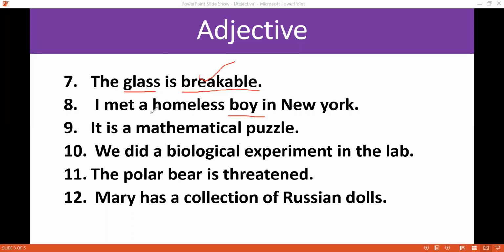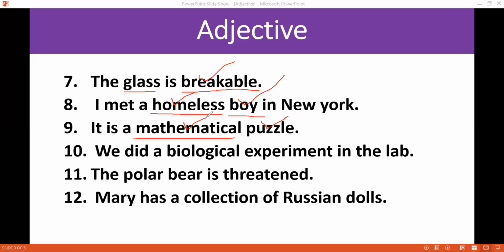This word has been used to qualify or tell us about the boy: homeless. This homeless is an adjective. It is a mathematical puzzle. Puzzle is a noun, and what kind of puzzle is it? The word mathematical is telling us, so it is qualifying the noun. This mathematical is an adjective.